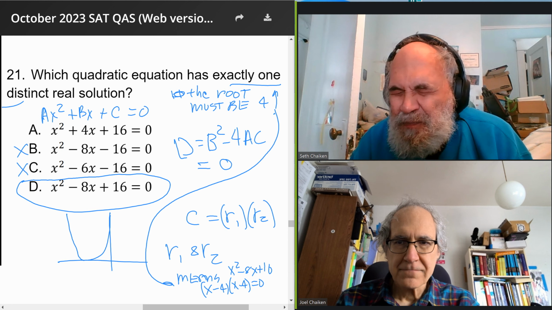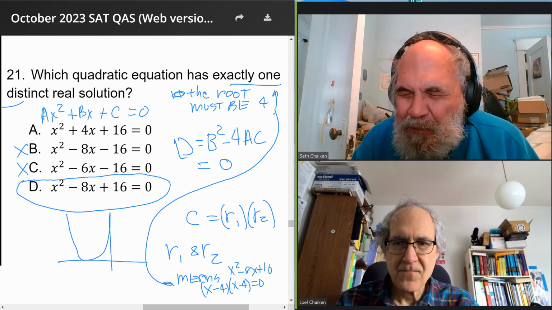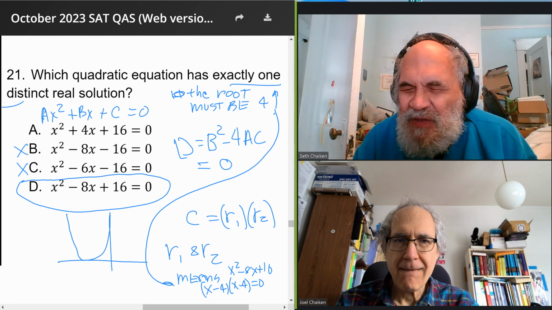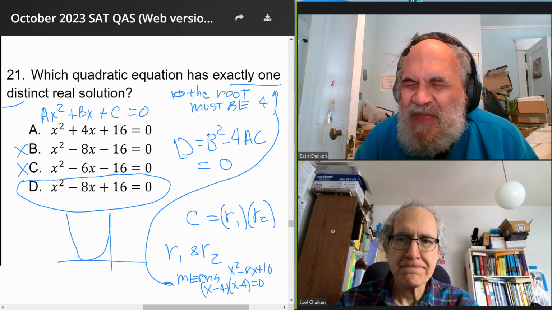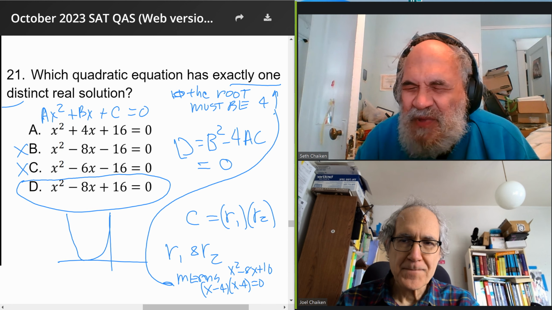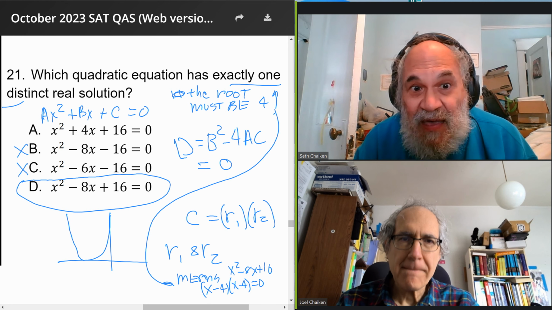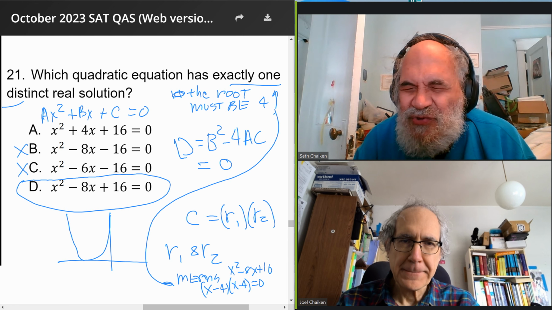The property that the product of the roots is the last term is only true when the coefficient of x squared is 1, which it is in all these cases. In that case, the coefficient of the middle term is minus the sum of the roots. And the only one that's minus the sum of the two 4s is minus 4 plus 4, which is minus 8.